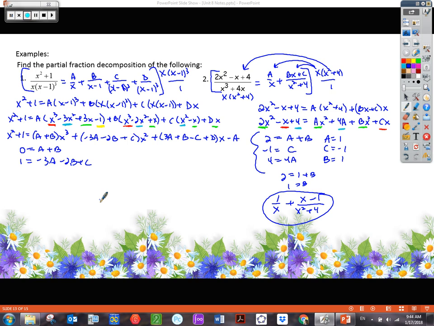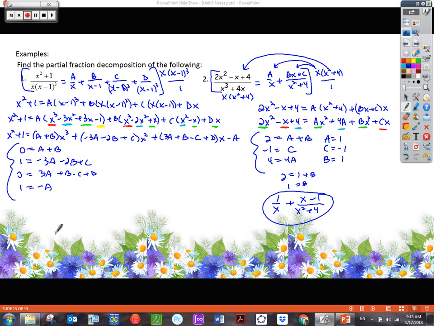Okay, let's work on the x's. Do I have an x on the left side? No, so its coefficient would be 0 equals 3a plus b minus c plus d. And then the last one, the constant, I do have a constant over here. It's 1, and my constant is negative a. That's the system of equations that I need to solve.